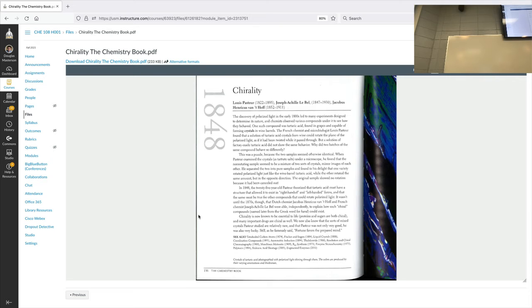And it turns out that the Food and Drug Administration, if you make a chiral drug today, and most drugs are chiral, if you are going to administer it as a mixture of both mirror images, you have to prove that there is no harm done in doing so.